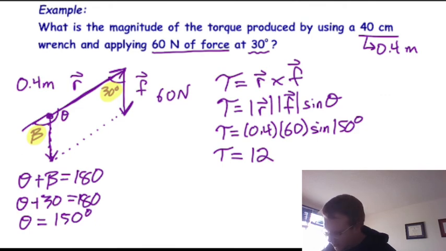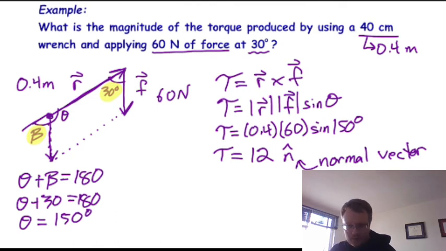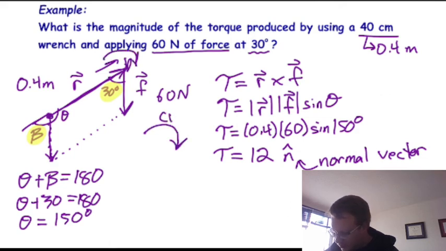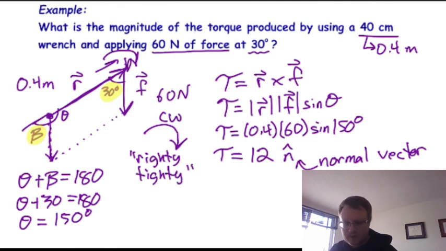And what is my direction? It's going to be my normal vector, whatever that is in this case. While we can kind of look, we can see that our force is going like here and then here. So we're going clockwise, or righty-tighty, if that helps you remember. Whatever tool helps you remember is fine. So ultimately, and it just asks for the magnitude.